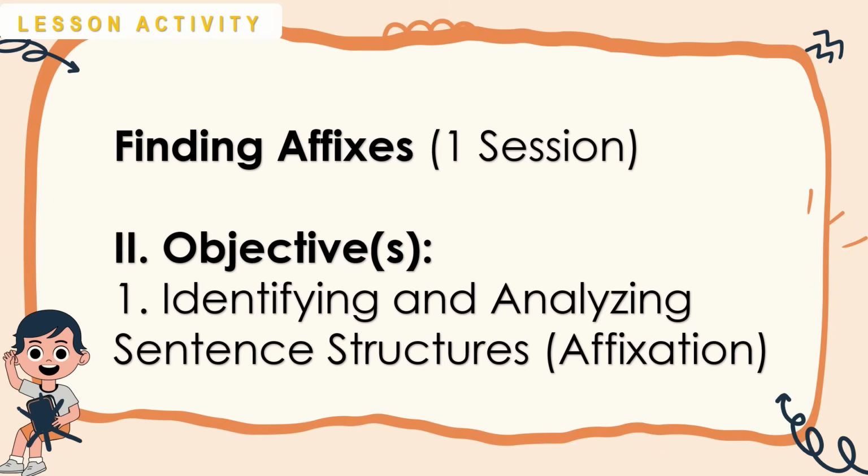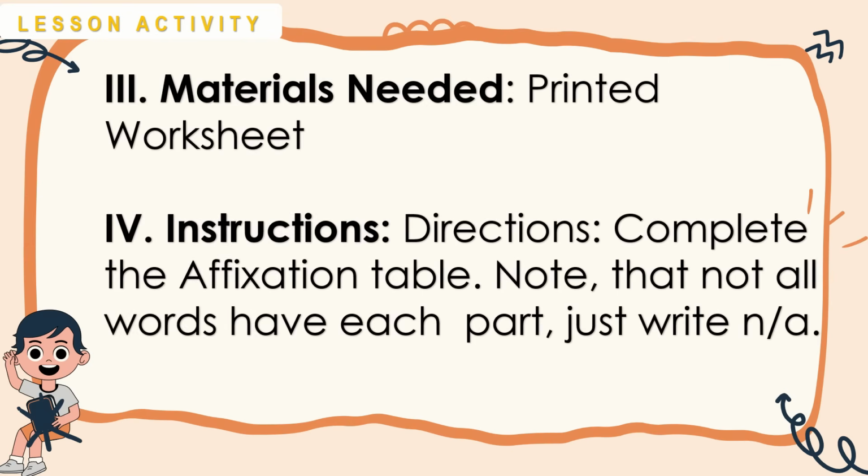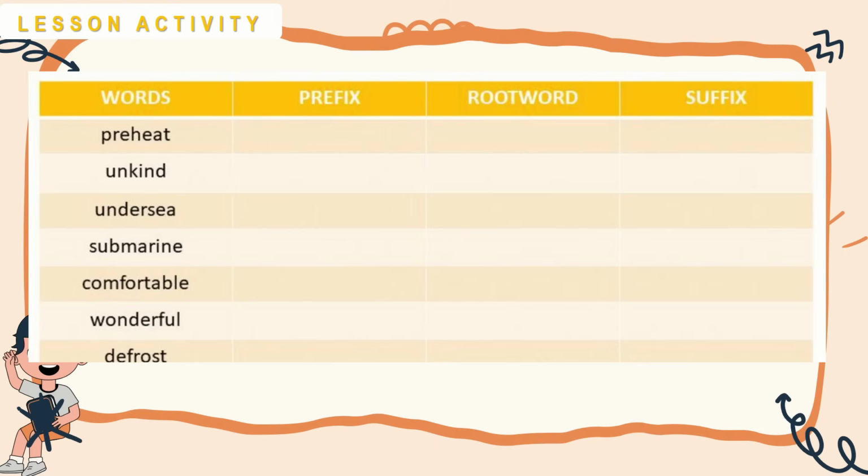Finding affixes, Session 1. Objective: identifying and analyzing sentence structures and affixation. Materials needed: printed worksheet. Instructions: complete the affixation table. Note that not all words have each part, just write NA.